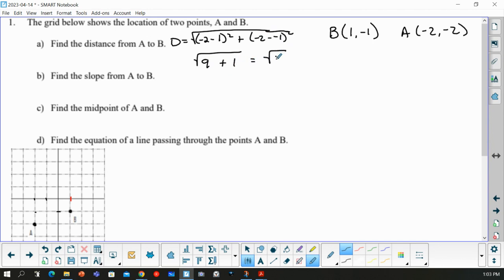So we get the square root of 10 is the distance. I'm going to leave it like this for now. You could work the square root of 10 out on your calculator, or you can leave it like that. I'm actually fine with square roots.